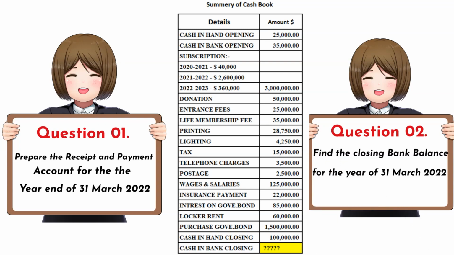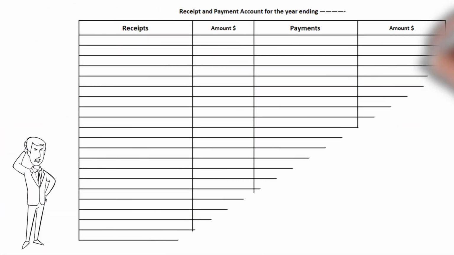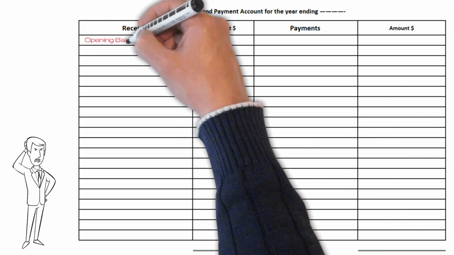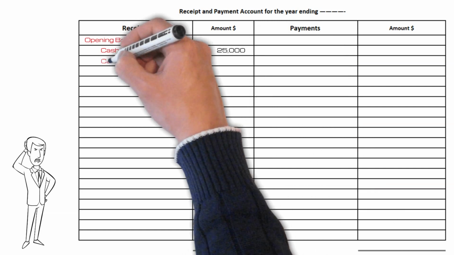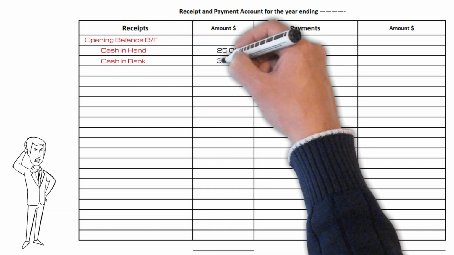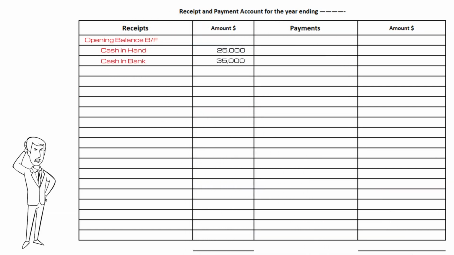As per the question, first you must identify the transaction as receipt or payment. Now we'll see. Cash in hand opening $25,000. It's a positive figure, that means already we have cash. Cash in bank opening $35,000. It's also a positive figure, that means already we have cash in our bank account.